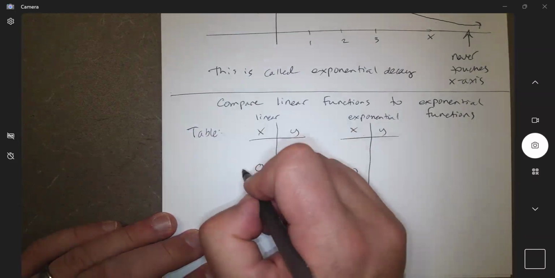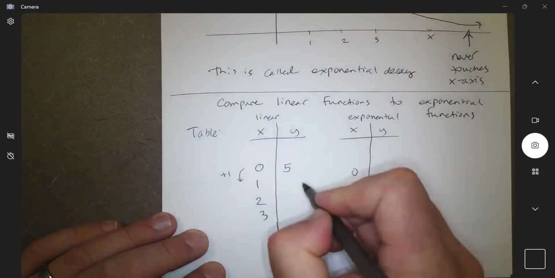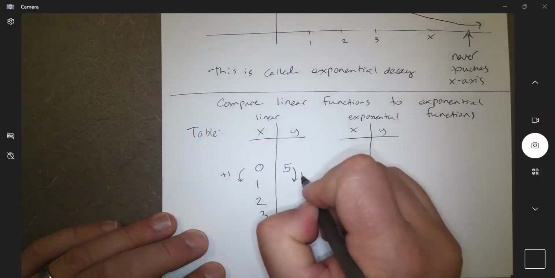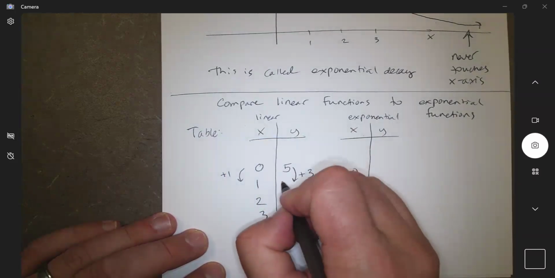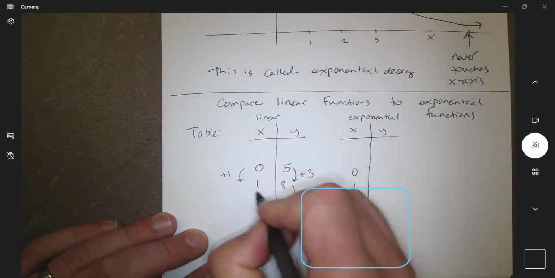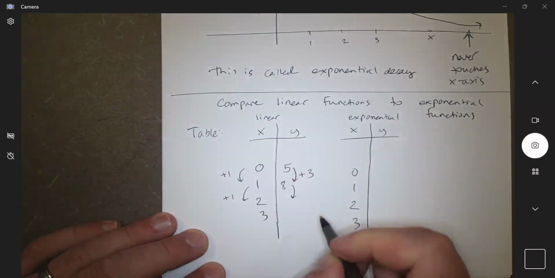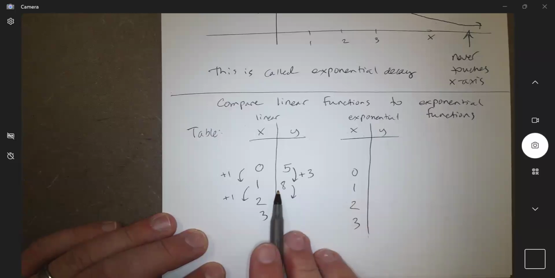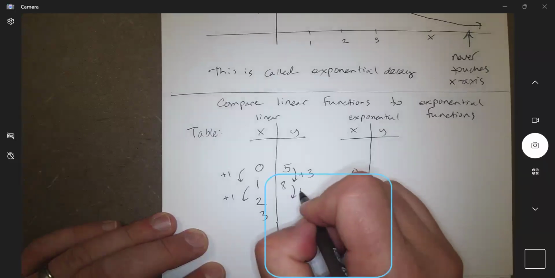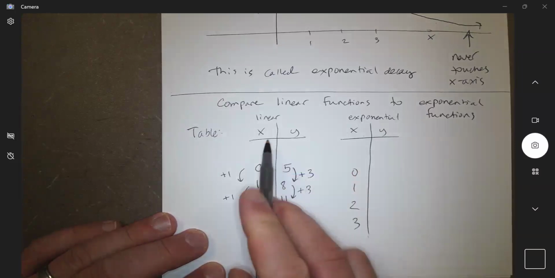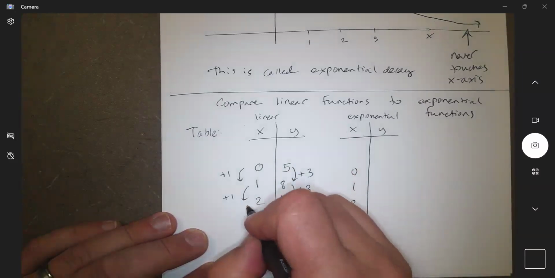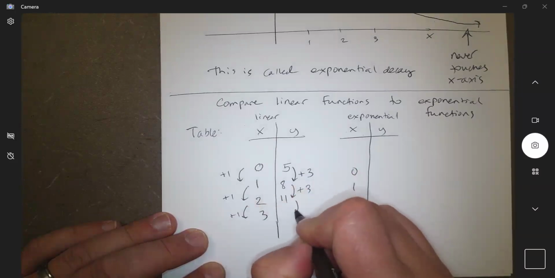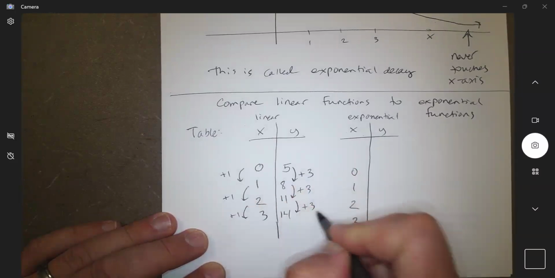And in a linear function, when x increases by 1, we're going to add a certain amount or subtract a certain amount. So we get to 8. And if x increases by another 1, we're going to add 3 again. Repeated addition or repeated subtraction. And if we add another 1, we're going to add 3 again, and we get to 14.